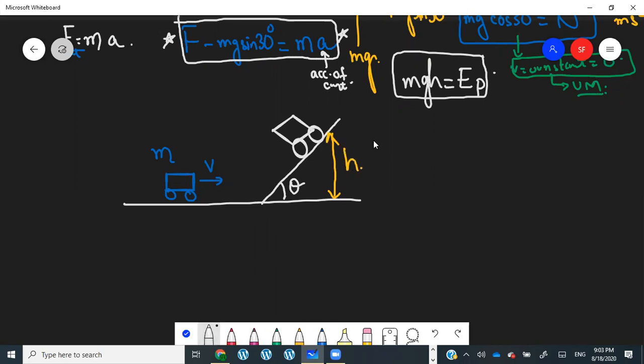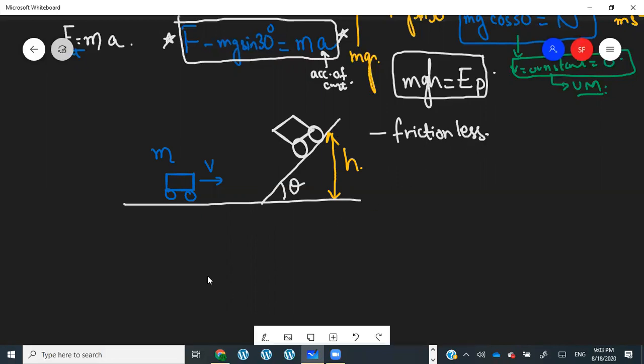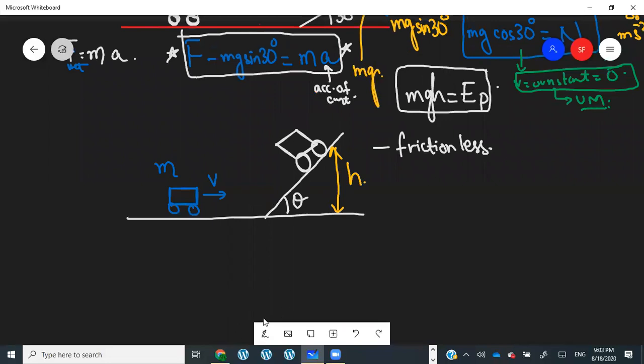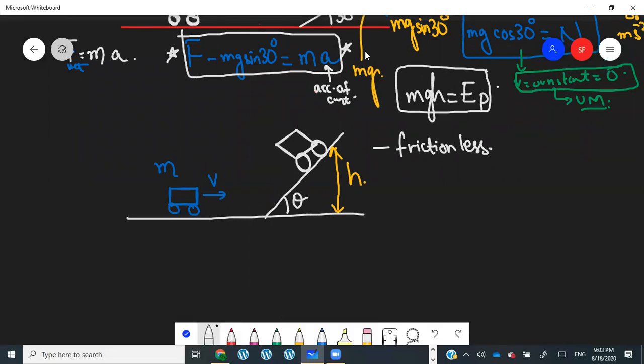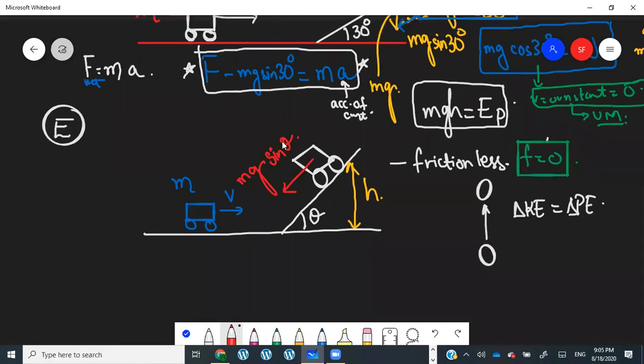Given that this ground is frictionless, what are the energy conversions that have been applied over here? Although there are no frictional forces, mg sine of theta is still there, which is actually a resistive force. Let's assume that the distance that it traveled in the direction of mg sine of theta is s.